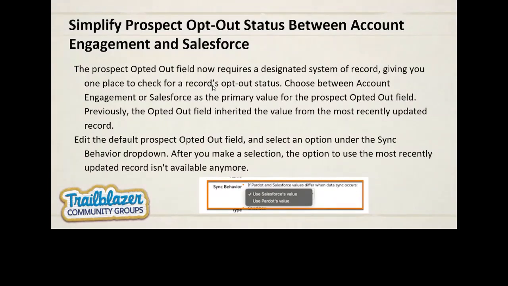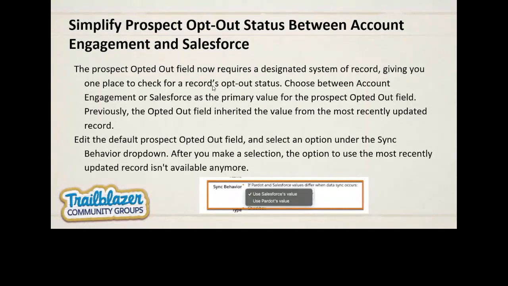Previously, we had a field called opt out on Sales Cloud for account and lead, and even on Pardot we have an opt out. If someone is opting out from Sales Cloud emails, then automatically, even if that record is present inside Pardot, the respective record inside Pardot is also opted out, making sure that the prospect is not going to get any emails.